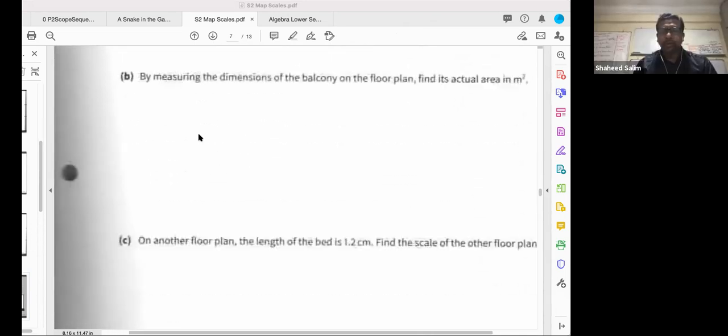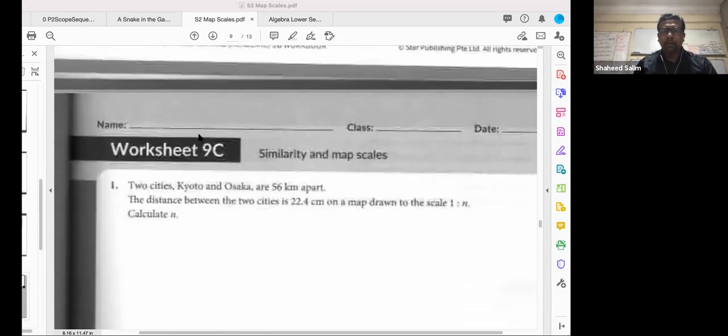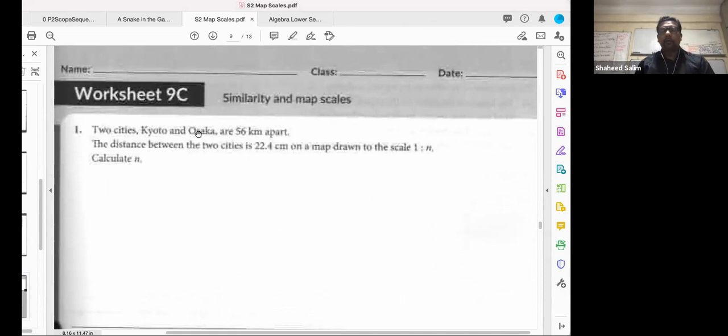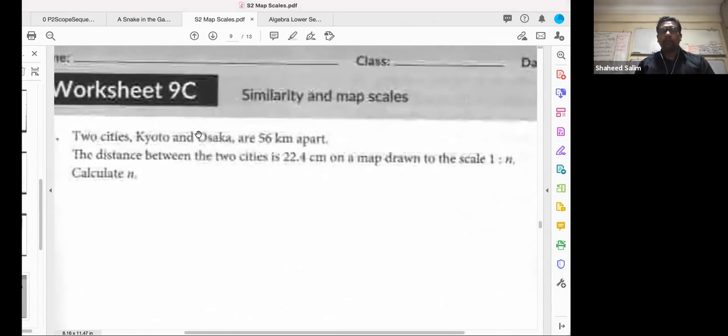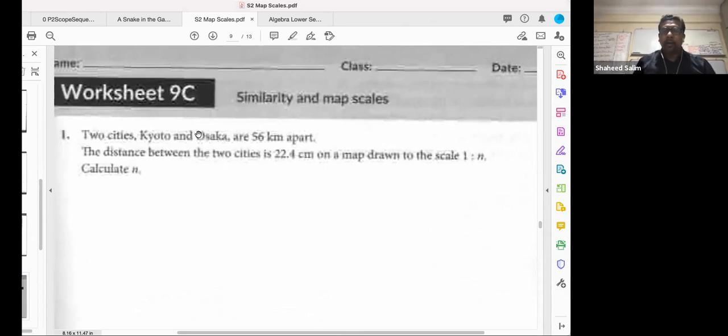That's not going to measure. If we go to the other book. They want you to find what is n. So they want you to do scale like that.